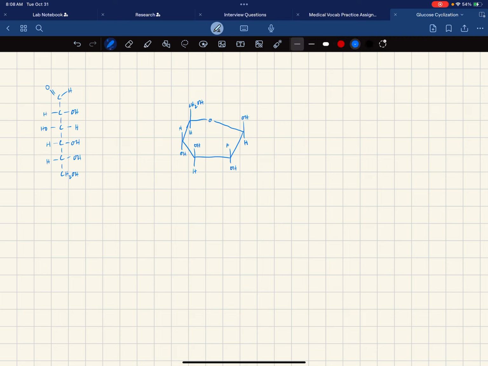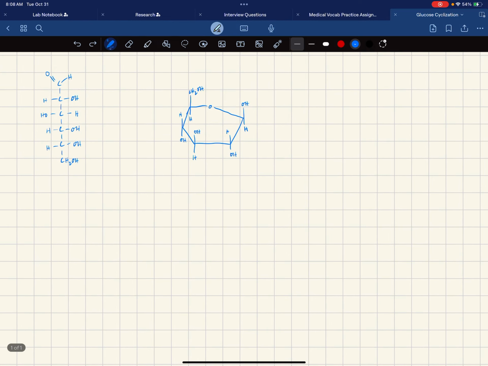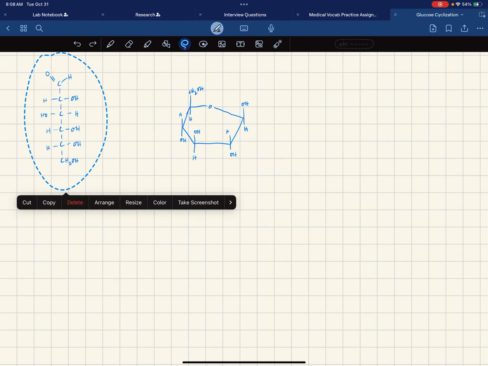And you can tell that it's D because this CH2OH is on the top. Because I'll show you what it would look like if it was L. If it was L, let me bring this glucose down here.